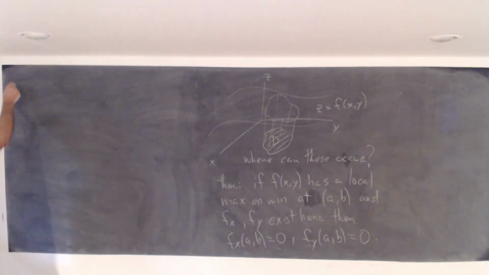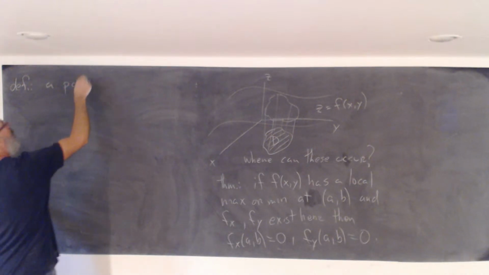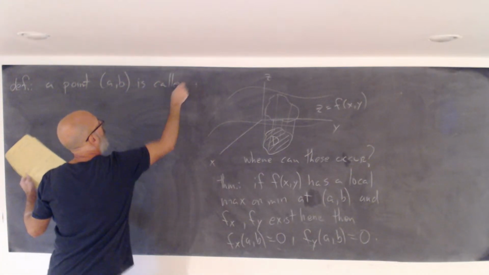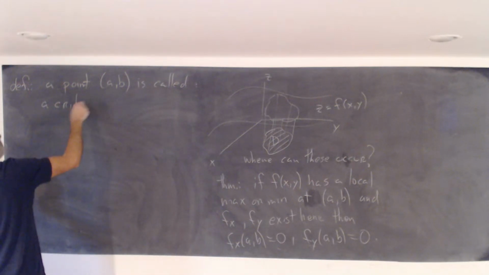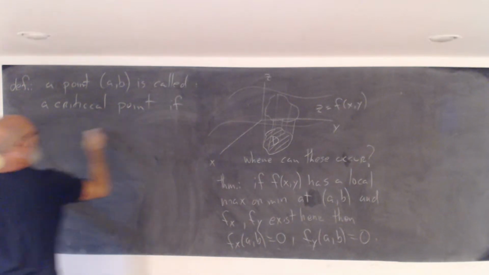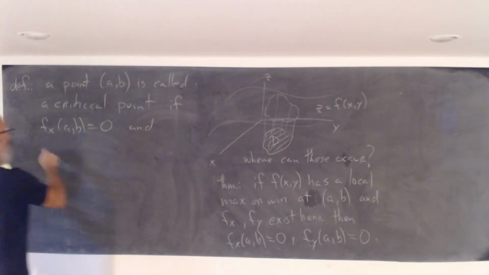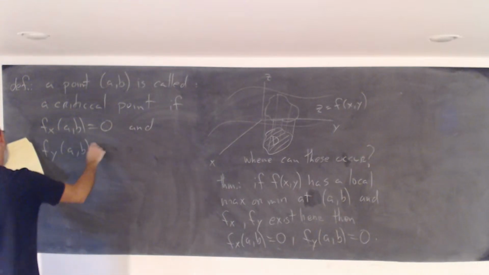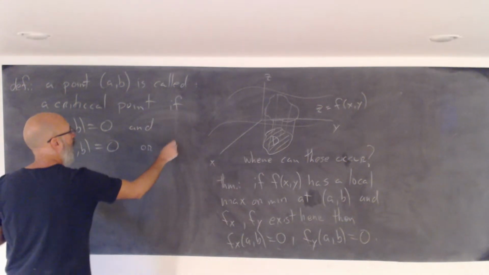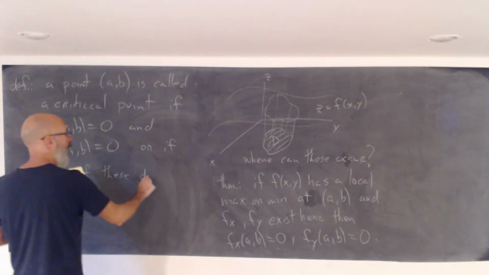But this motivates the following definition. A point (a, b) is called a critical point if the partial derivatives are equal to 0, or if one of these does not exist.